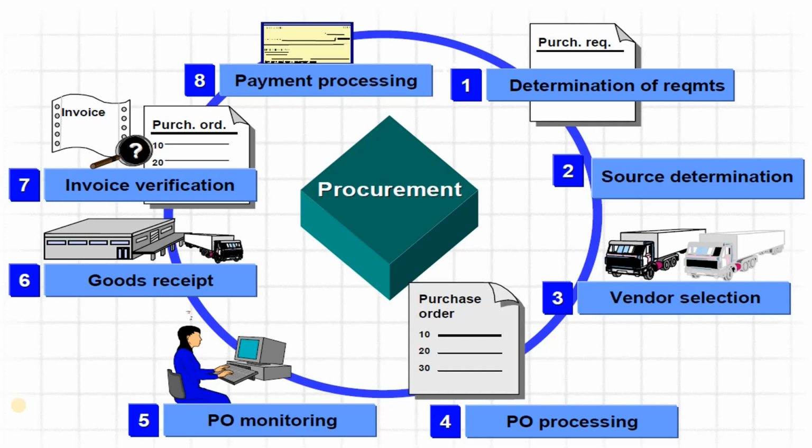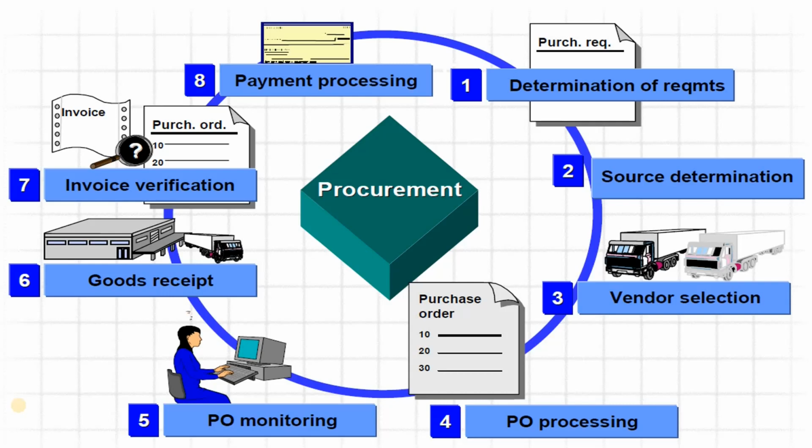If you focus on the first step, that is determination of requirements, that step is where we raise the purchase requisition. If there is any need for certain material from the respective department, they raise the purchase requisition. Purchase requisition is an internal document.